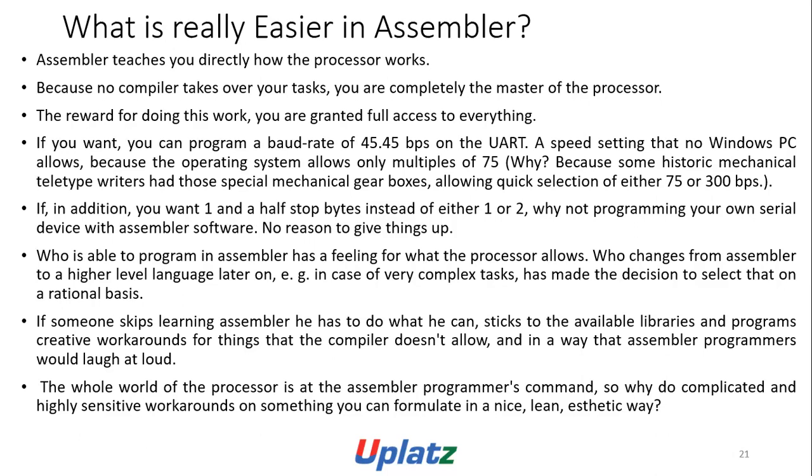Why? Because some historic mechanical typewriters and those special mechanical gearboxes have a fixed selection of either 75 or 300 bps. If in addition you want one and a half stop bits instead of either one or two, why not program your own serial device with assembler software? No reason to give things up.